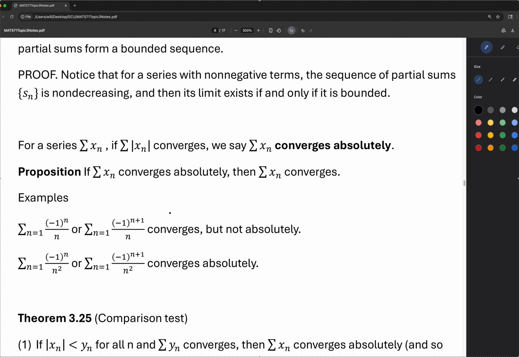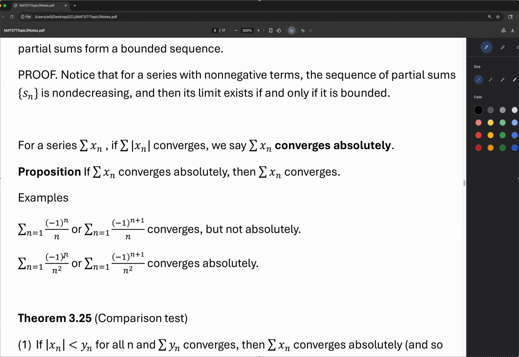As a simple example, remember the P series. P equals 1 is the harmonic series. It is divergent. But if you consider the corresponding alternating harmonic series, it turns out to be convergent. So overall, the alternating harmonic series converges, but not absolutely. And when p equals 2, we know the series is convergent.